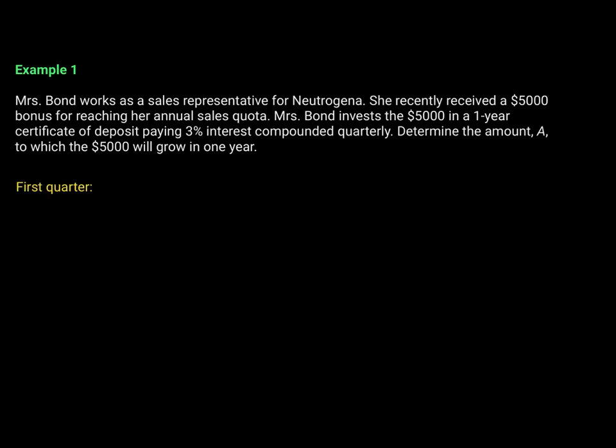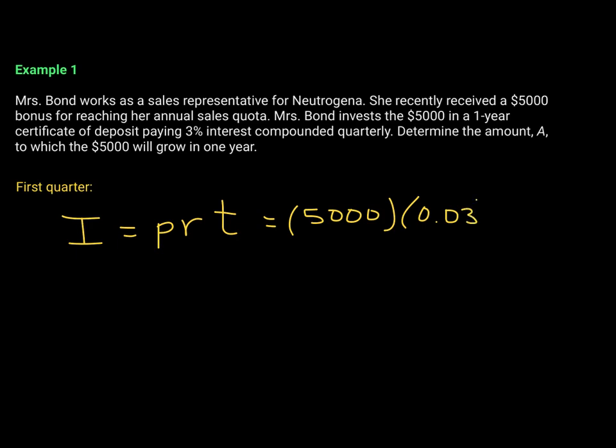All right, so we have this formula that calculates interest. The principal is $5,000. The rate is 3%, which is 0.03. And for time, it's a quarter, so it's 1/4, which you can write as 0.25 if you'd like.